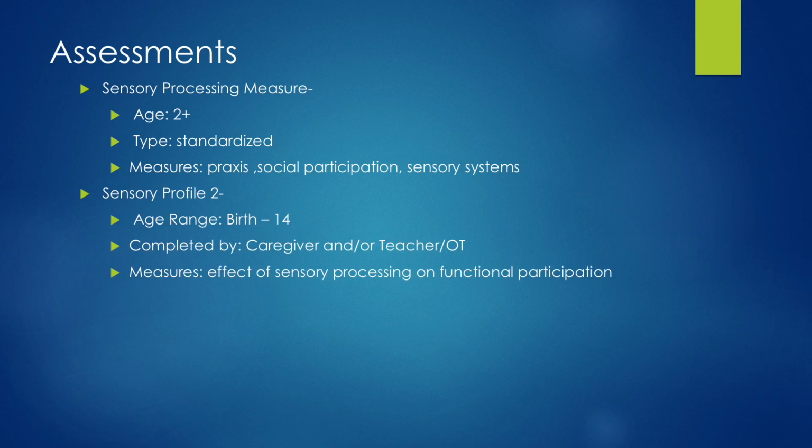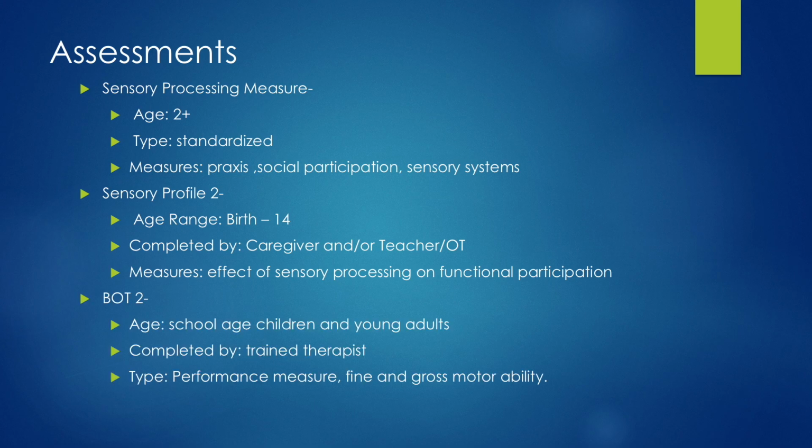The Sensory Profile 2 is typically administered through paper and pencil, but can also be scored and taken electronically. It can be completed by the caregiver, teacher, or the OT, and it helps to identify the effect of sensory processing on functional participation.